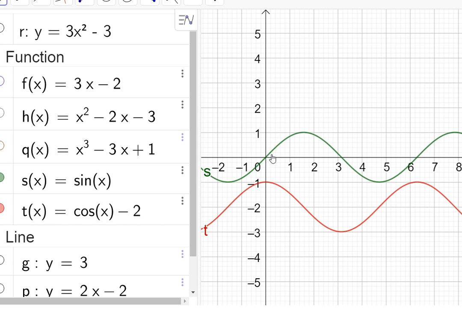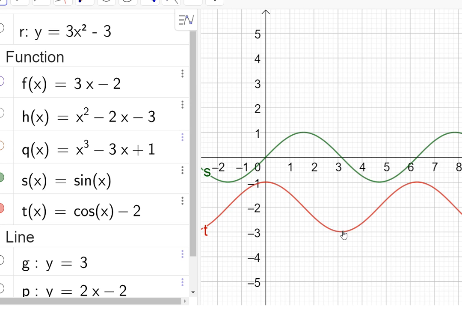If we look at the general shape of sine, its slope starts out positive and tends towards 0, then it is negative, comes to a point of inflection, and what would we expect to happen at a point of inflection? We'd expect to have a minimum. We would expect to have our d2y dx squared equal to 0.